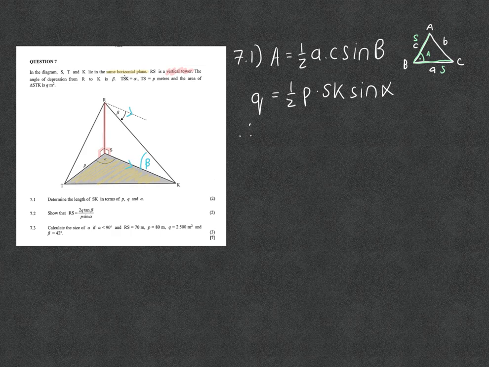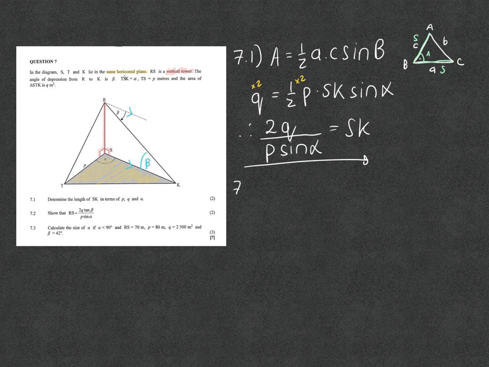So it's going to be 2Q over P sine alpha equals SK. That's me just manipulating the formula and getting SK by itself. The timesing by 2 got rid of the half, and then I take the P and the sine of alpha below the fraction line because it's multiplying SK, so I have to divide.